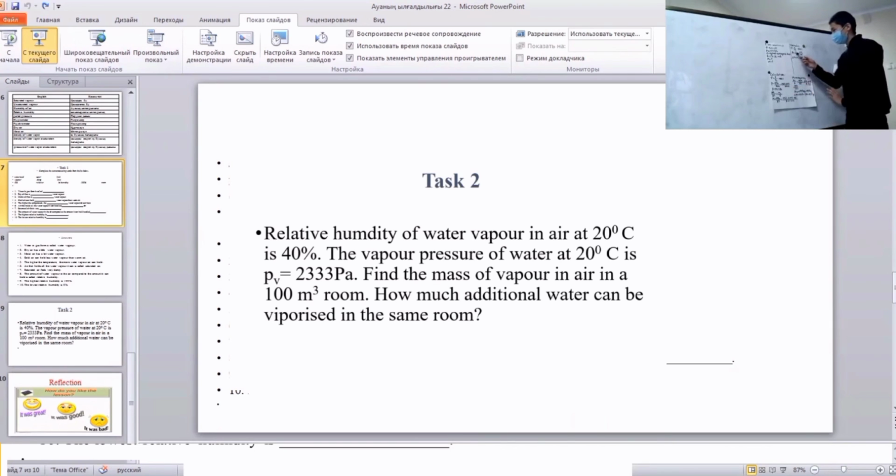I use the density formula and find M1. After M1, I use the pressure formula and find M2. Then I use the formula delta M equals M2 minus M1. Delta M equals 1035 grams.